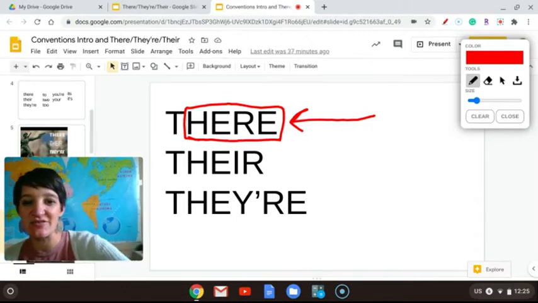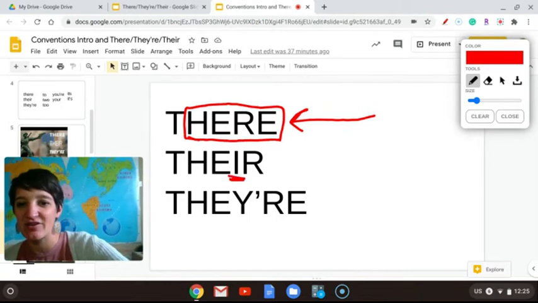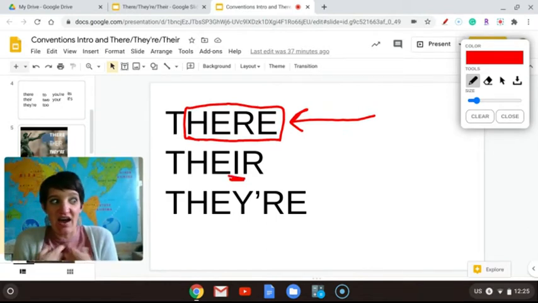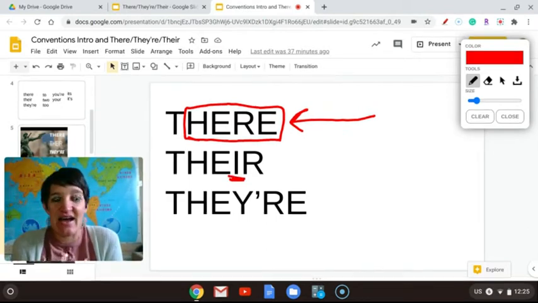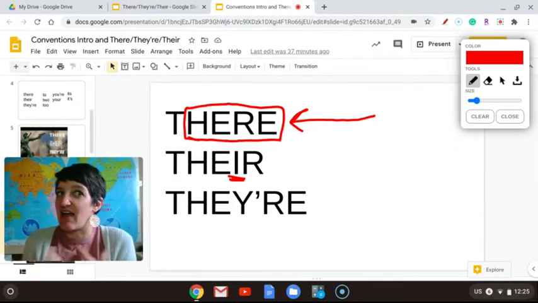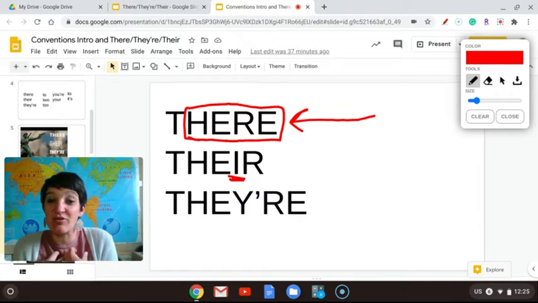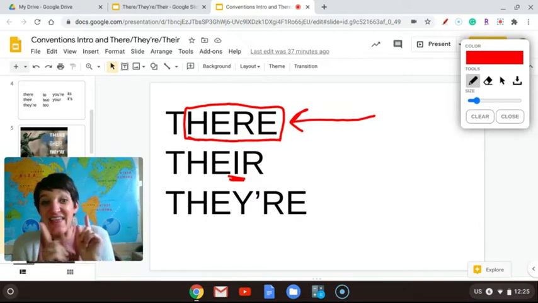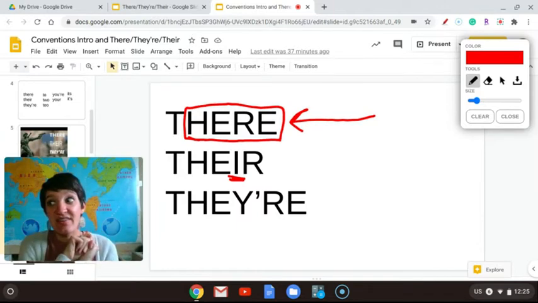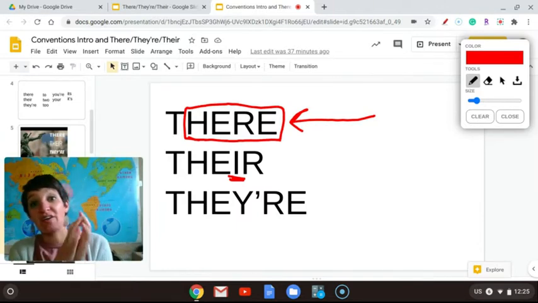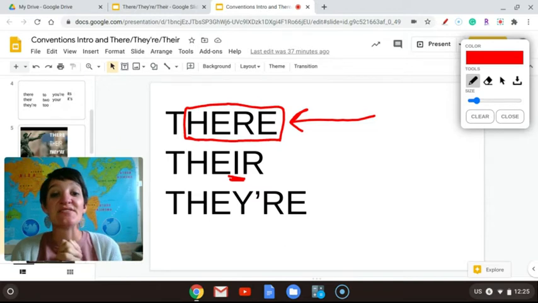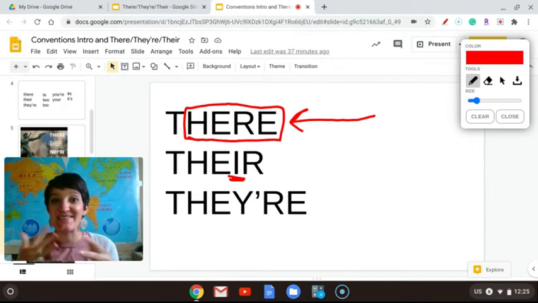Now, the next one is the only there that has the I. Now, usually when you think about I, you think of like these are my things. I have a dog, and I have a house, and I have a car, right? So the there with the I is talking about something you own. Only it's not my dog or my house or my car. It's their dog or their house or their car. Okay, so this there is talking about possession.